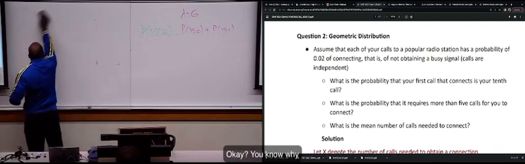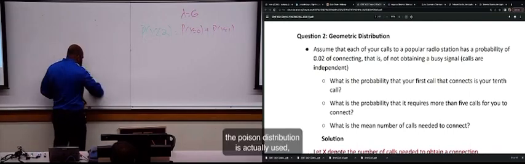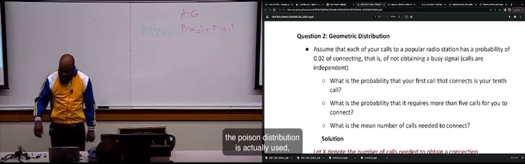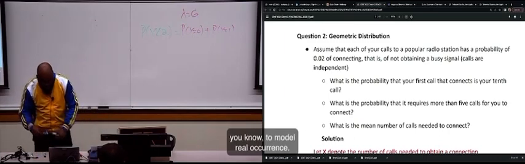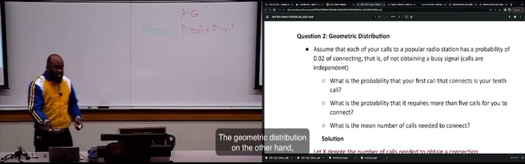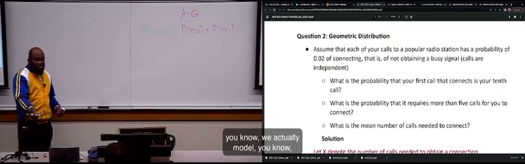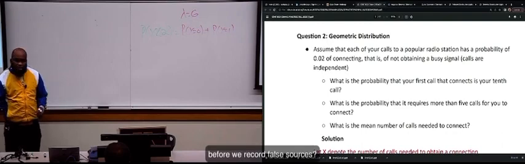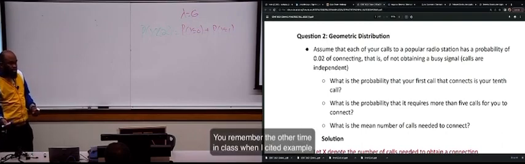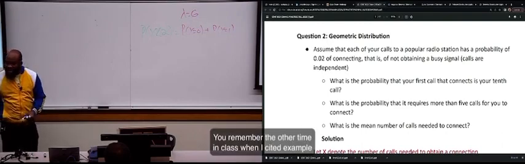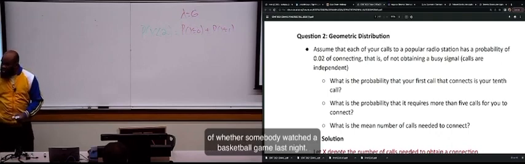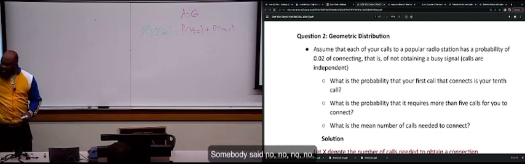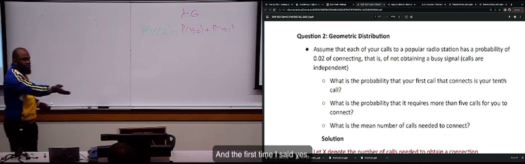The Poisson distribution is used to model real occurrence. The geometric distribution, on the other hand, models how many times am I going to fail before we record the first success. You remember the other time in class when I cited an example of whether somebody watched a basketball game last night, somebody said no, no, no, no, and the first time I see yes.